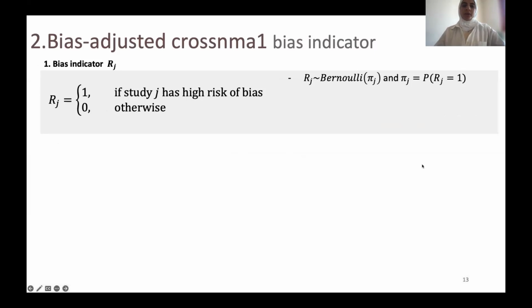Now, about the study bias indicator R, as mentioned before, it takes value 0 or 1 based on a Bernoulli distribution with bias probability pi. So here, if R equals 0, then we don't apply any bias adjustment. If R equals 1, then bias adjustment will be applied. And the bias probability can be estimated in two different ways.